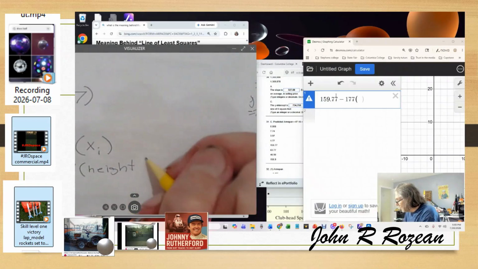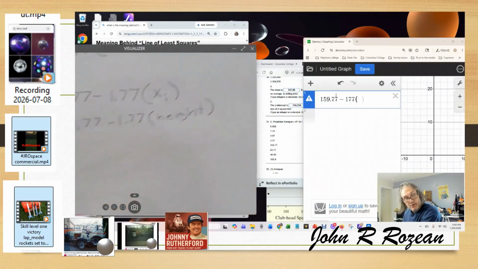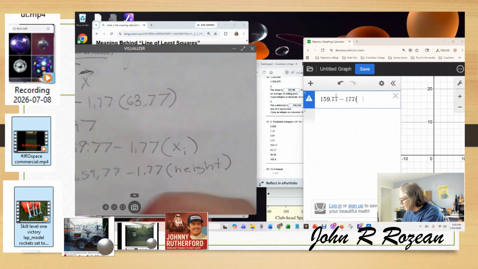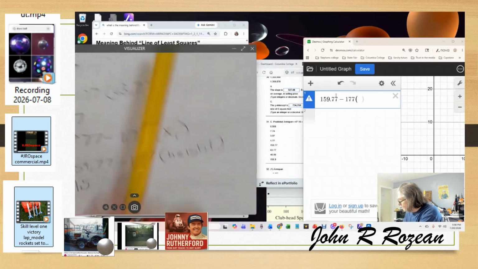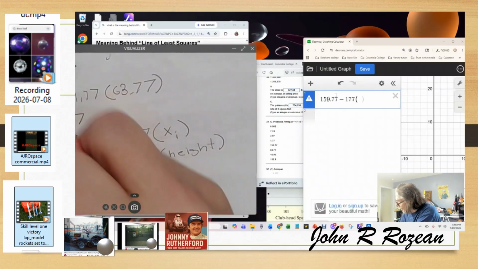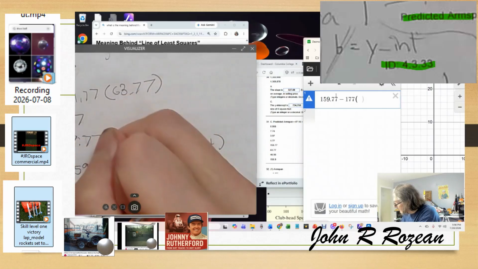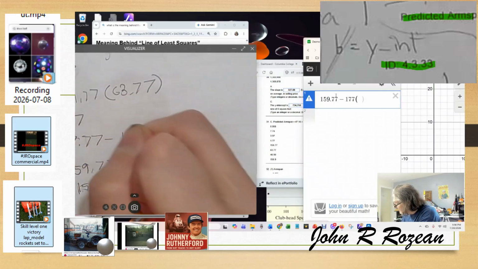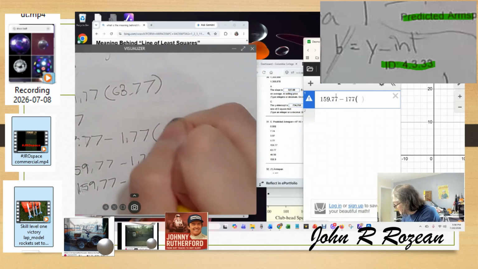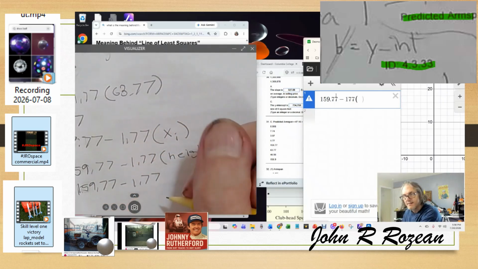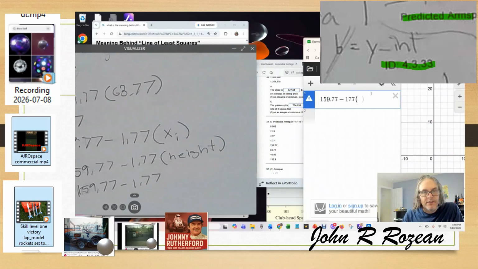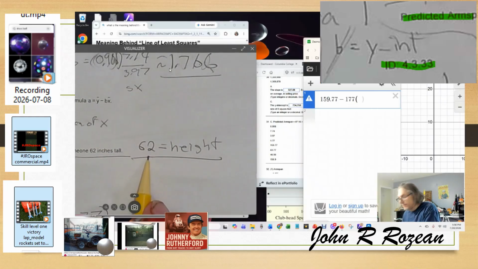So we would put that in old school fashion here. It would be 1.5. Oh, it's not 1.5. It's 159.77 minus 1.77 at, as it says, a height of 62.